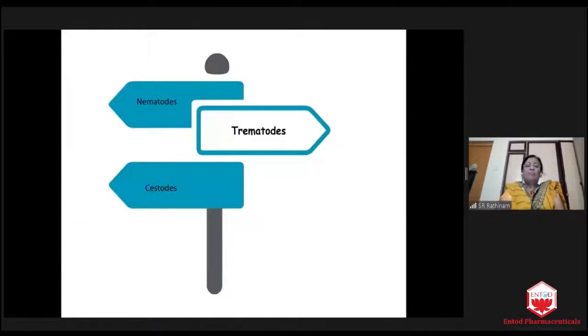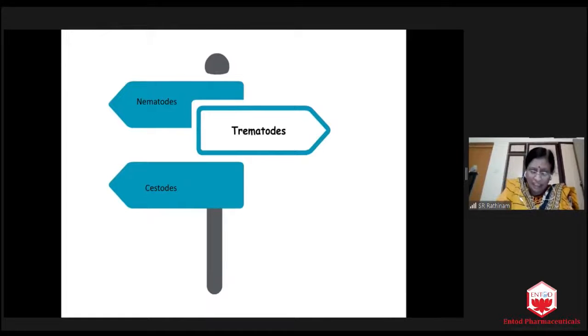Then comes the trematode. Trematode, many of you might not have seen. The students who live in Tirunelveli of Tamil Nadu, the Kaveri riverbed of Tamil Nadu, and in some Karnataka areas and some Orissa pockets, and students from Sri Lanka might have seen these trematode cases.